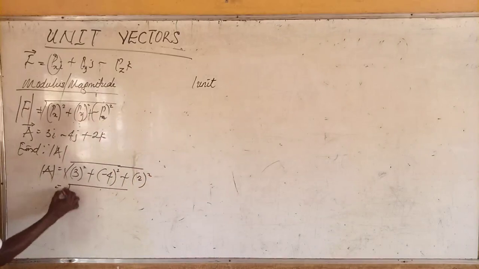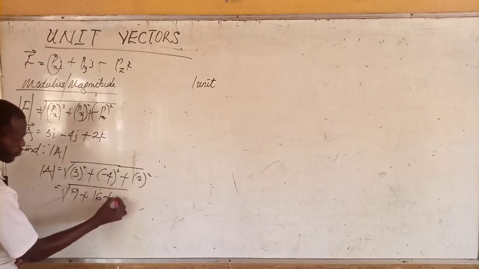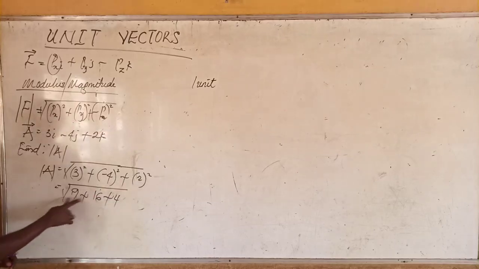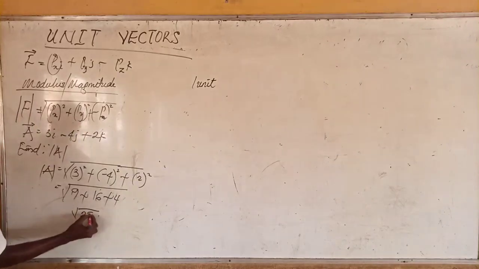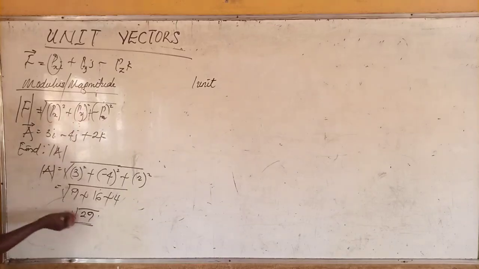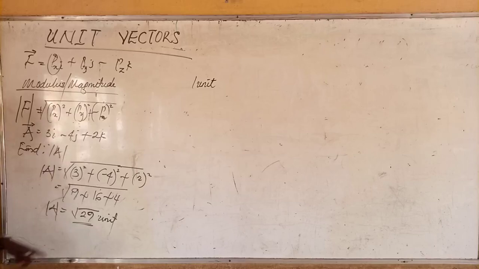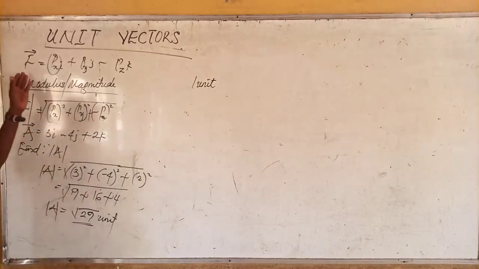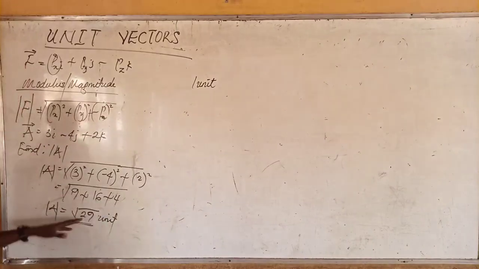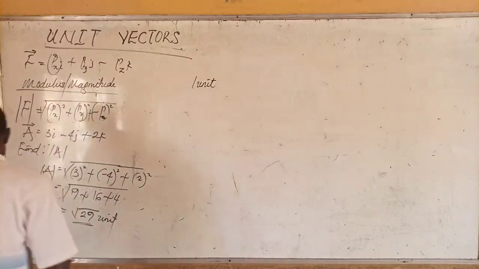That is 9 plus 16 plus 4. 9 plus 16 is 25, plus 4 will be the square root of 29, essentially, and that will be the modulus of A or the magnitude of A. Then, because no unit is specified, we add a unit. If it's for a force, it would be root 29 newtons. So that is how to find the magnitude of a unit vector.